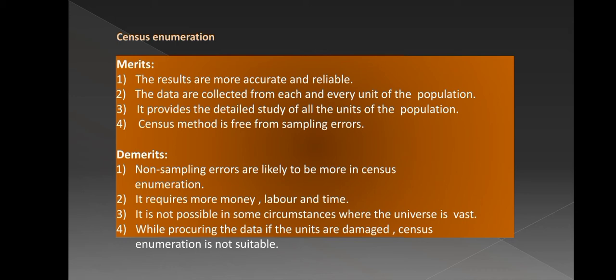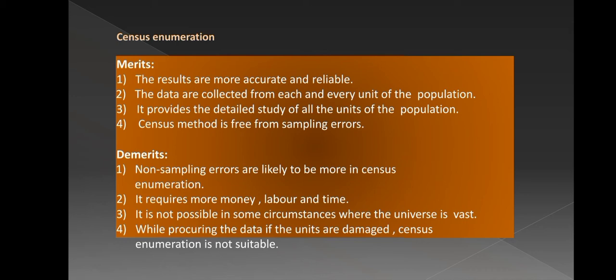That kind of error is called a sampling error. And the census method is free from sampling errors because in the census method we are collecting information of each and every item in detail. Therefore, the census method is free from all sampling errors.